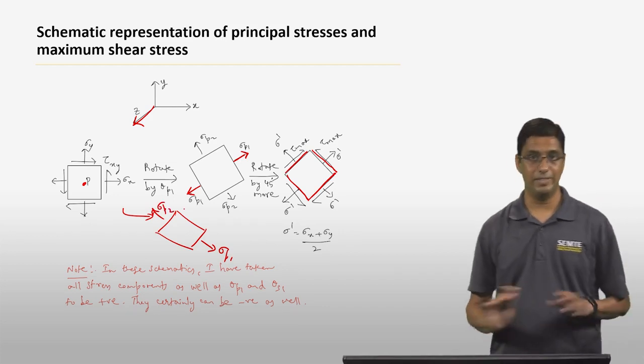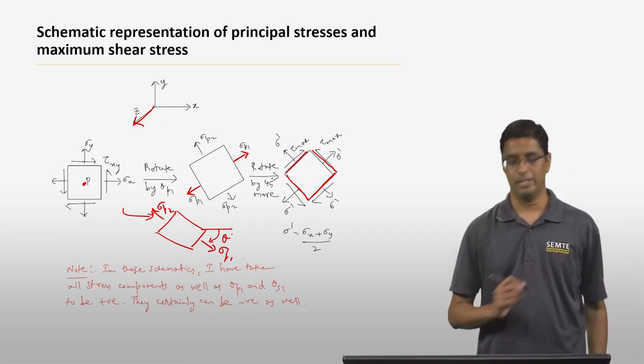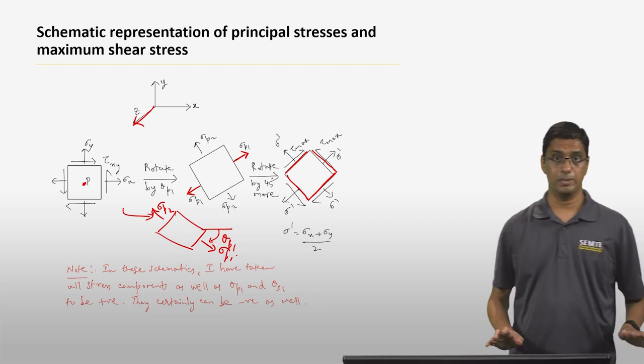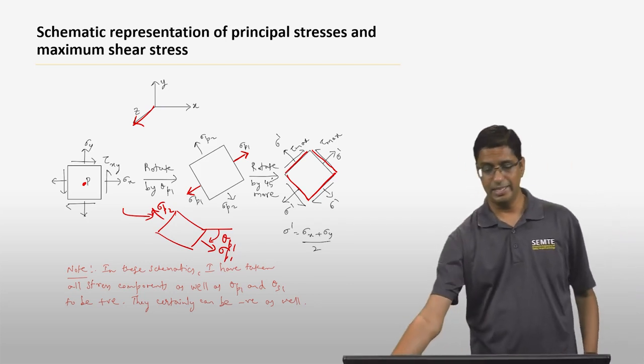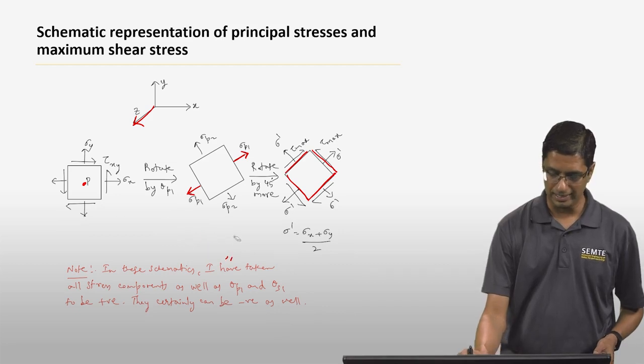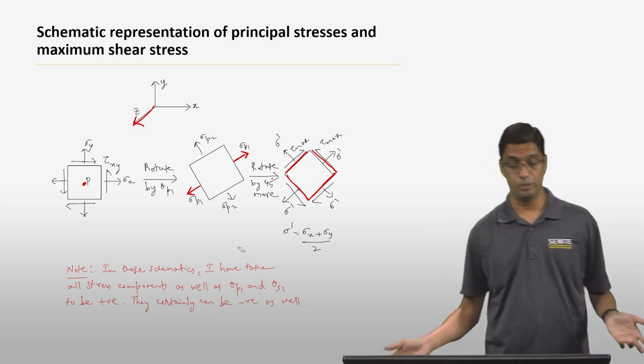That is definitely possible. So in this case, theta p1 will be negative. That is certainly possible. I have just drawn this schematically in this particular manner so that it is easy to see. So obviously theta p1 can be negative. Theta p2 of course can also be negative, and so on.